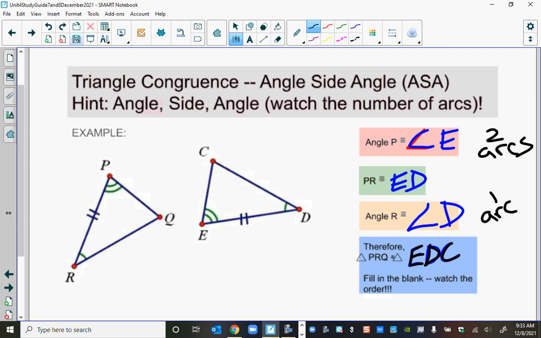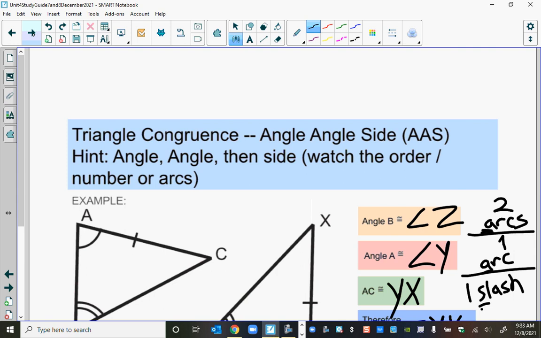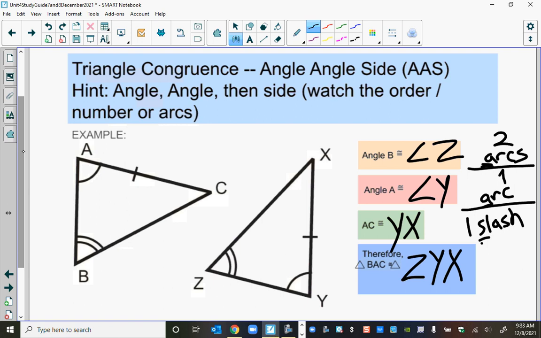All right. Next one. We'll at least get through the next 2. All right, this one, you know what, I'll talk about this with everybody. This one was a little different. But with angle, side, B and Z. Everybody see they have 2 arcs.